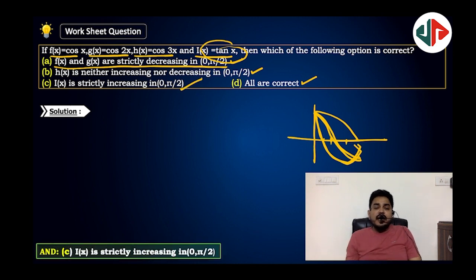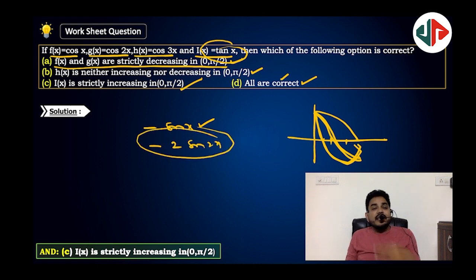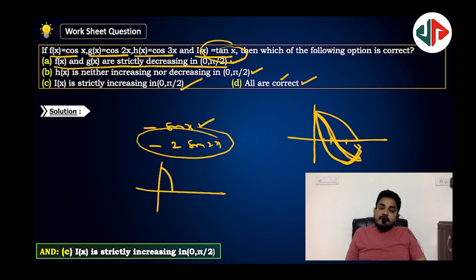Because derivative of cos x is minus sin x, cos 2x is minus 2 sin 2x. Yes, decreasing only. And h of x, cos 3x, the graph when you take 0, pi by 6, pi by 3, 3 pi by 2. This is not the correct answer. D is the right answer.